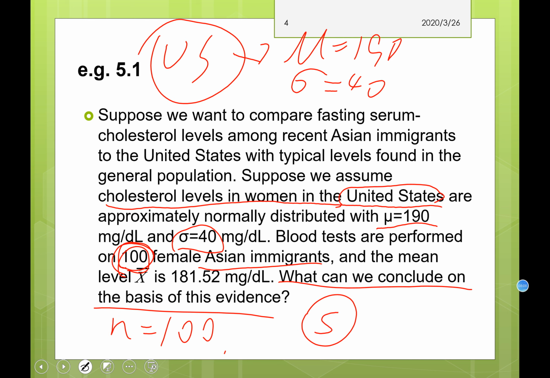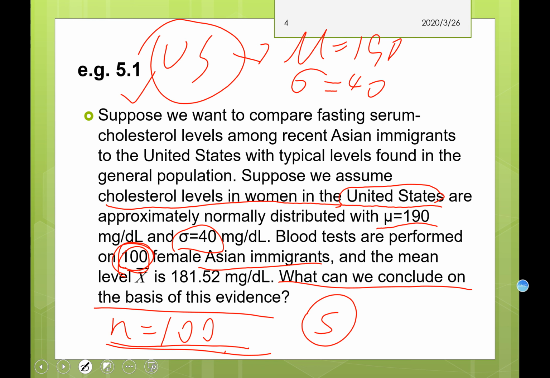And we can find that in this question, we have two pieces of information. The first one is a given population, which represents the United States women. And the other is a given sample with 100 female Asian immigrants. So we can find only one sample, right?